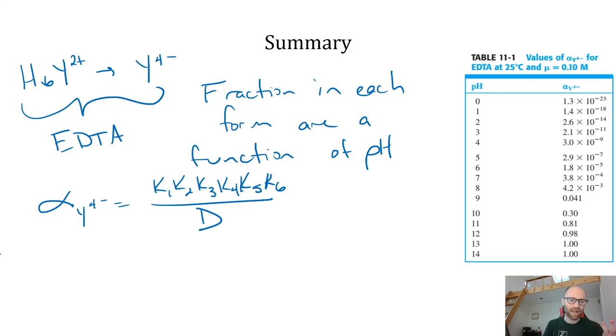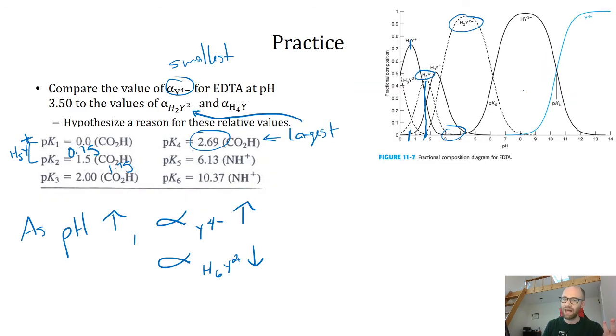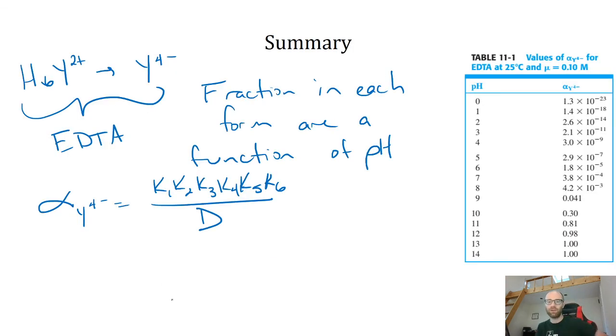So we had our graph for Y4 minus, but in addition to this graph showing this line for Y4 minus, you also get this reference table that shows you the actual numerical values at whole number pHs. This means that if you didn't have a whole number pH, you'd have to calculate it, but also it means moving forward for the ease of calculation, I'm going to give you whole number pH values, and I guess that means we should buffer it.